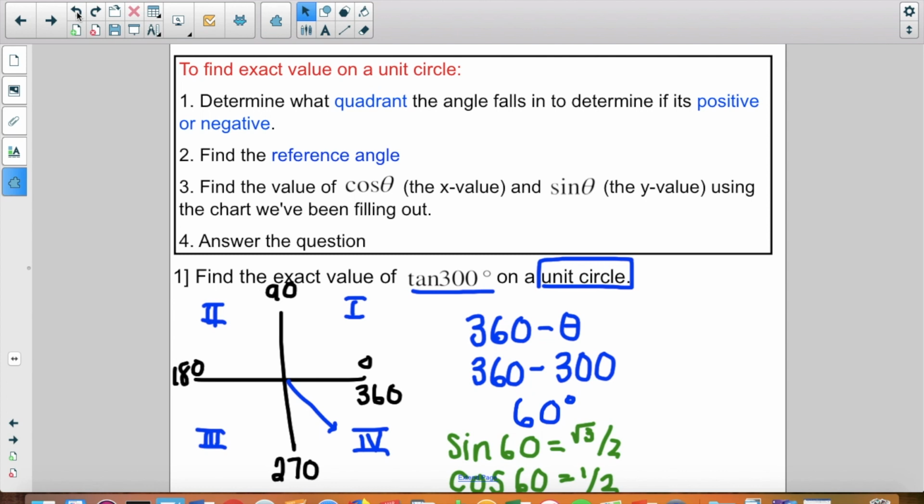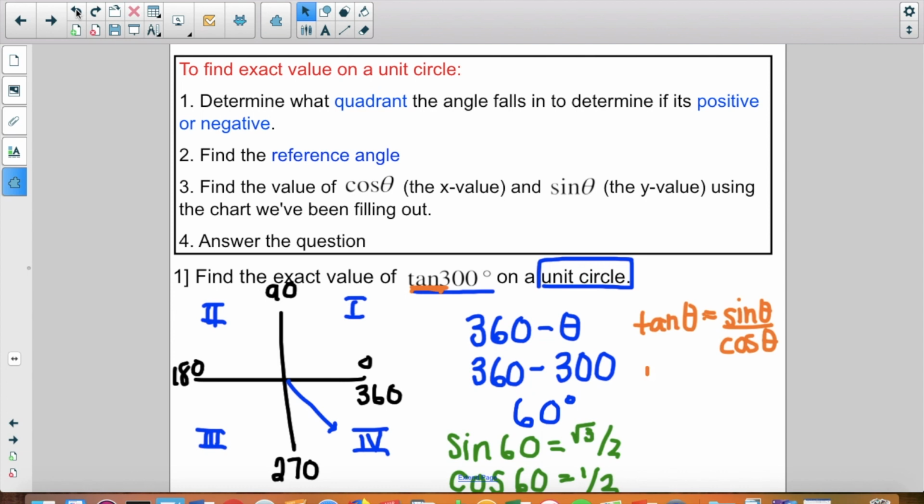The question itself didn't tell us to find the sine or the cosine. It told us to find the tangent. The tangent of theta is equal to the sine of theta divided by the cosine of theta.